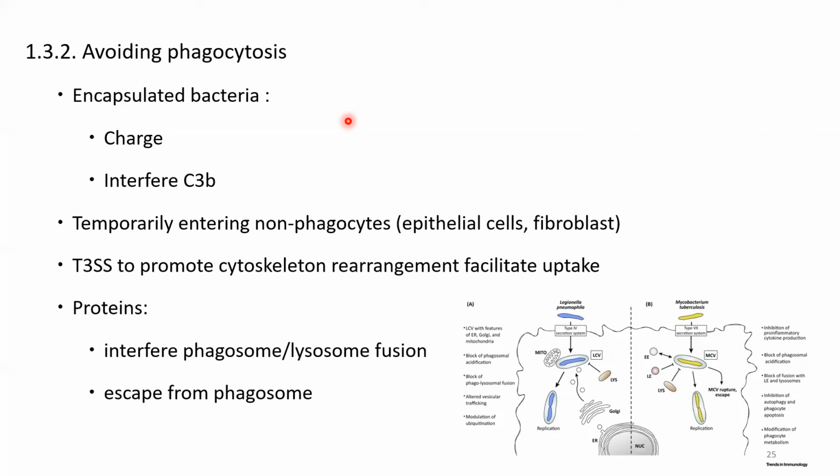So we know that our phagocytic cells have PRR to recognize PAMPs, but bacteria produce capsule to cover the PAMPs. So our phagocytic cells cannot see the PAMPs. They may change the charge of the surface to avoid phagocytosis as well, or produce capsule to cover the bacterial cell, which can interfere with C3b localization.